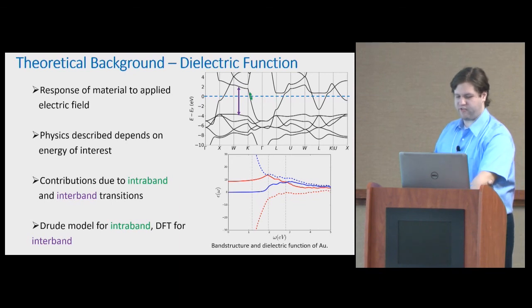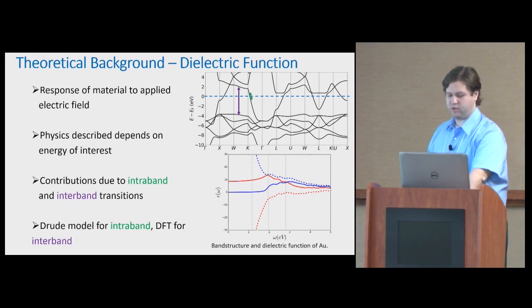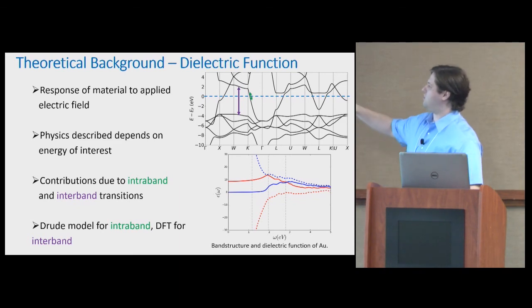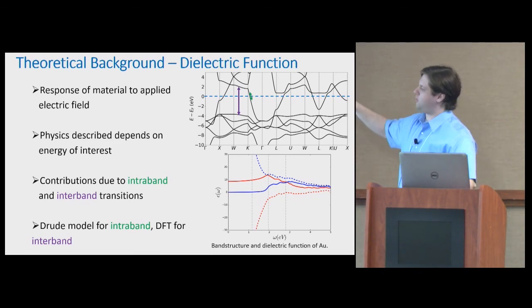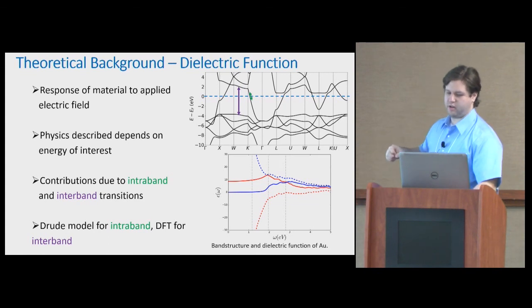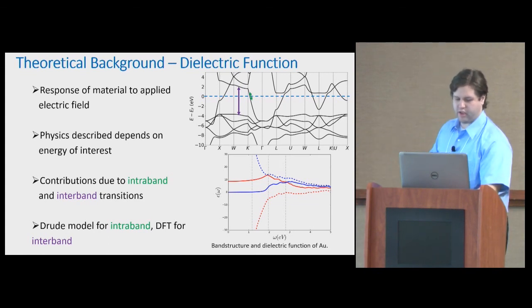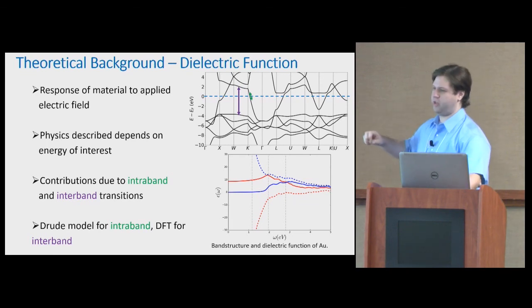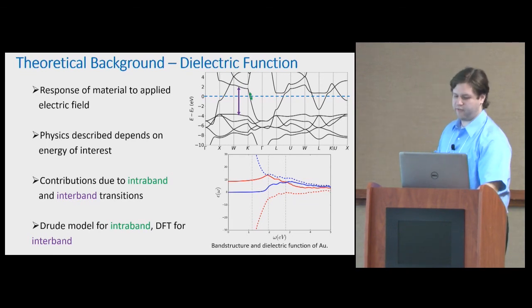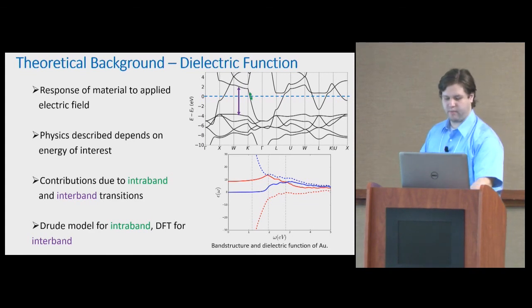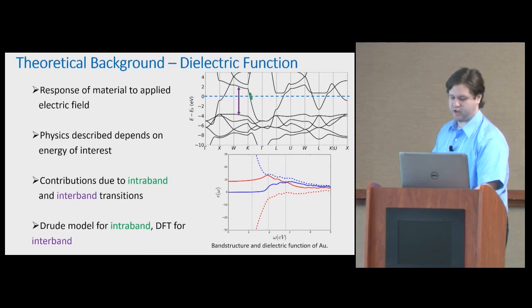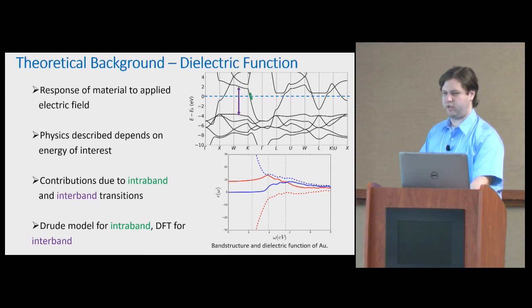The dielectric function has contributions due to both intraband transitions, which I show in this green arrow near the Fermi level, in which electrons will oscillate by small amounts, and also interband transitions, shown by the purple arrow in the upper figure, in which an electron is kicked by a photon from a filled valence state to an empty conduction state.